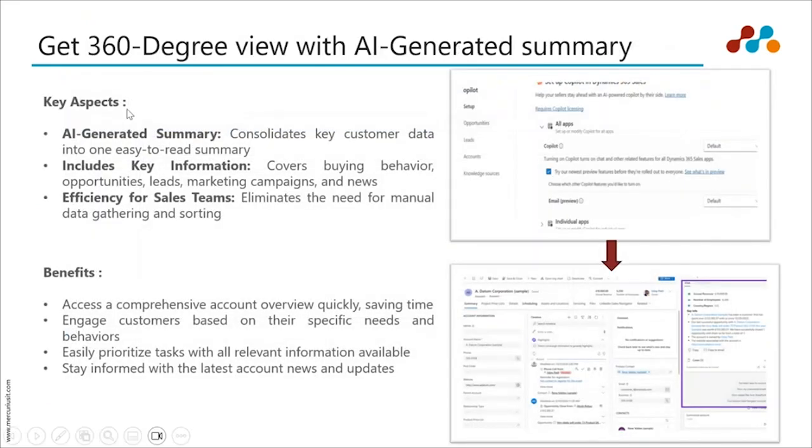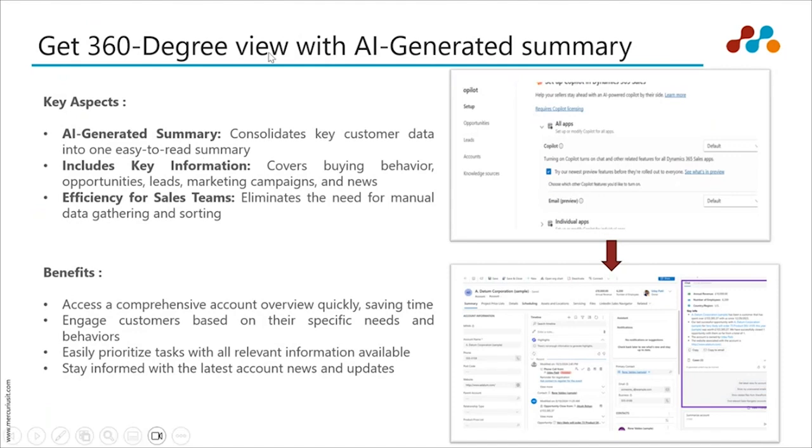Moving to the next update, or new feature, that is getting a 360-degree view with an AI-generated summary. As many of us have experienced, juggling multiple accounts at once can be overwhelming, particularly when you need to gather important information quickly.